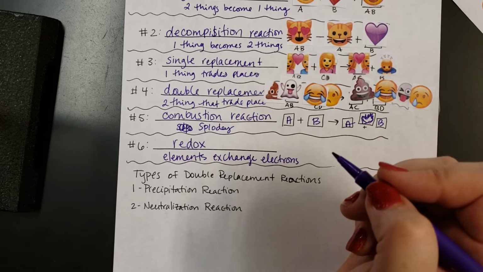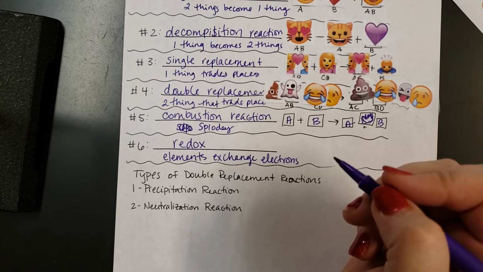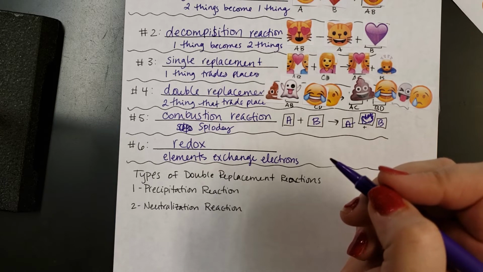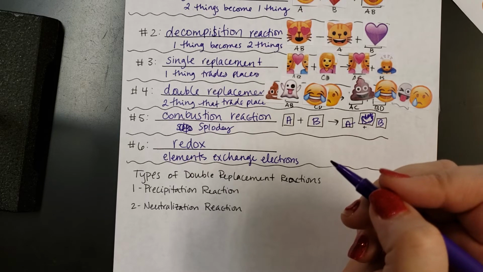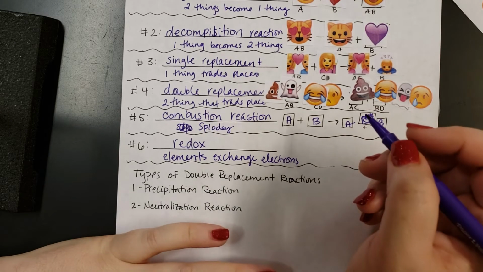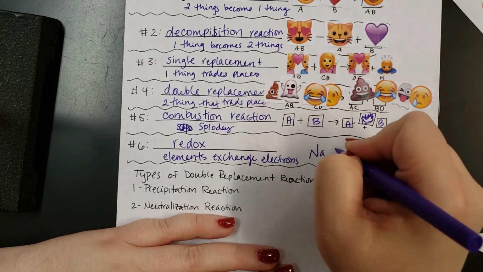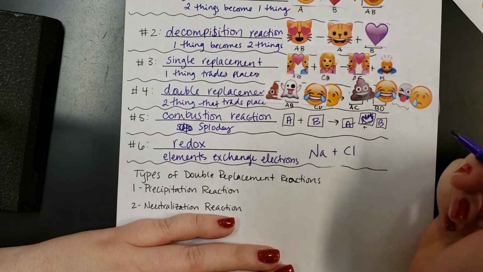This is in the case of like rust. Oxygen will steal electrons away from stuff, and that's what makes iron become oxidized and rust, is because oxygen is stealing its electrons. Another common one is our sodium and chloride.